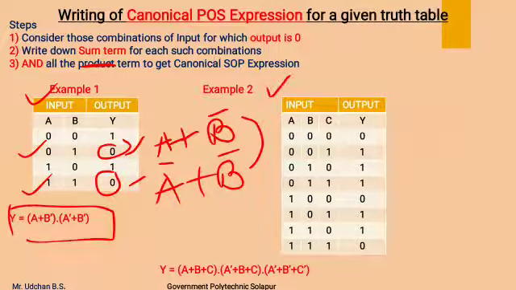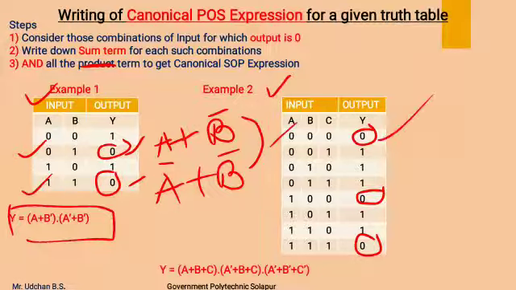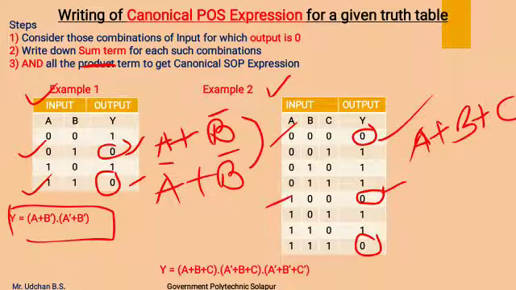In the second example, a 3 input truth table is given. Here again I will find out the outputs where it is 0. Here again there are 3 zero outputs. I am going to consider input combinations only for these outputs. So for this 0, the input combination is 0 0 0, for which I will get the sum term as A plus B plus C. For this 0, the input combination is 1 0 0.